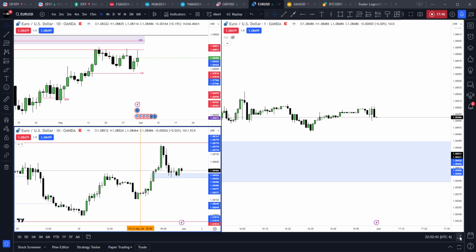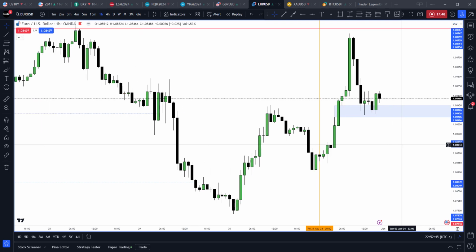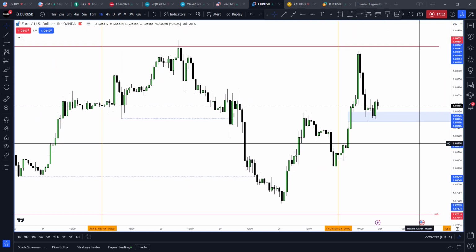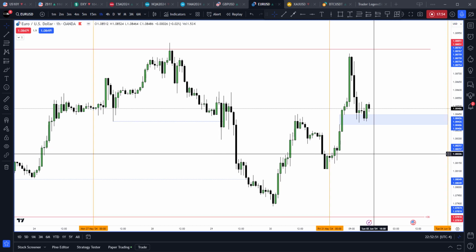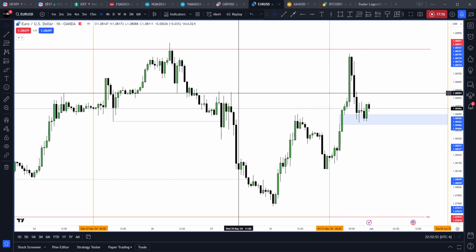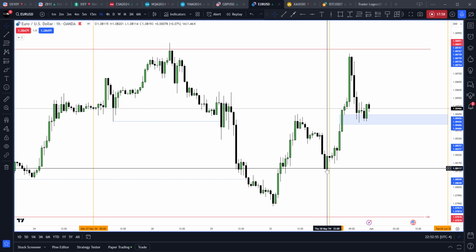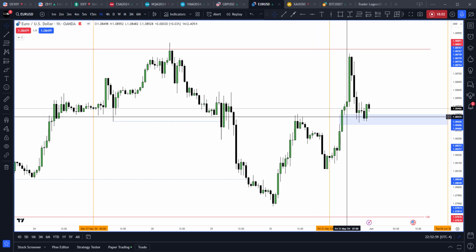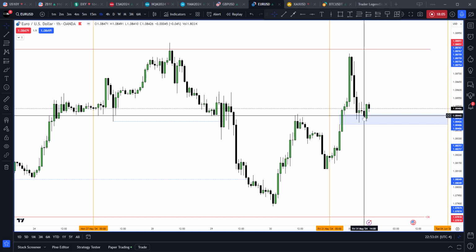17 minutes in, I want to go into the hourly time frame briefly. And as you can clearly see, we've been on a downtrend, high low, took highs out, imbalance where price has settled.